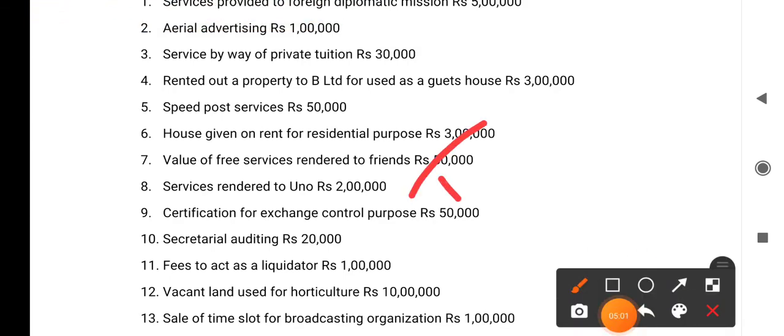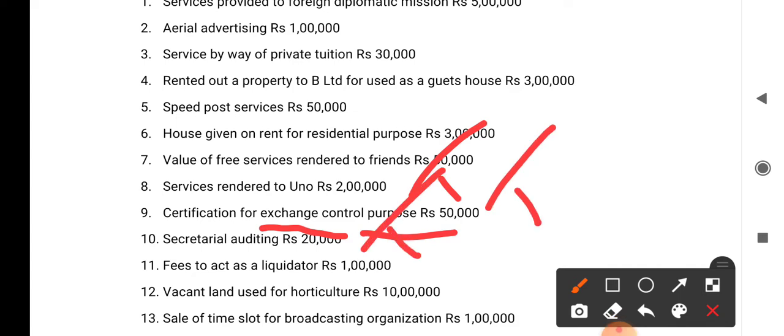Next one, certification for exchange control purpose is taxable, secretarial auditing is taxable, fees to act as a liquidator is taxable, vacant land used for horticulture. The services relating to agriculture, horticulture are exempt under GST. Therefore, there is no tax on these services, fees received for land given for horticulture purpose.